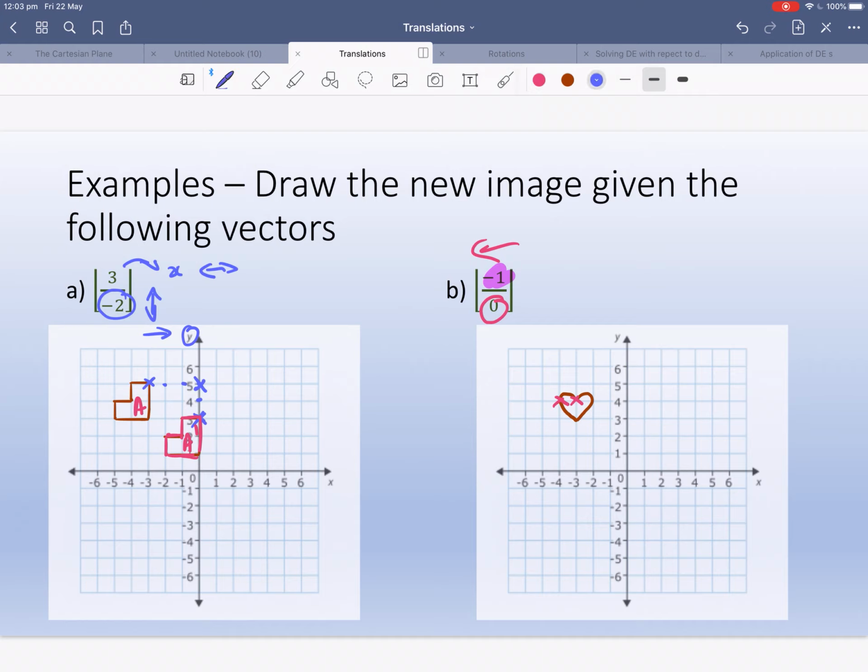So now I'm ready to draw my love heart. There we go. So that's a translation that has occurred. So if I call this B, this one is B prime. Okay. So these are the translations given the following vectors, and vectors are these things here. All right. Make sure these are in your book.